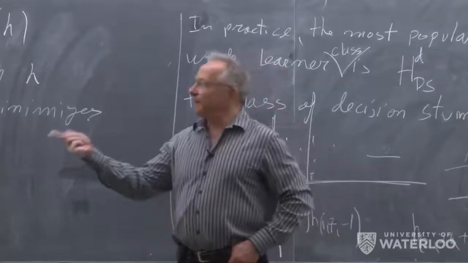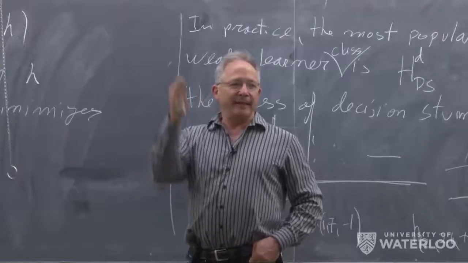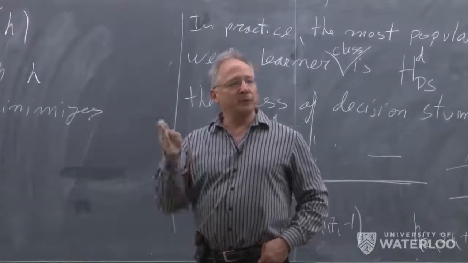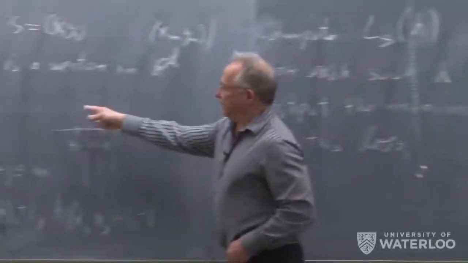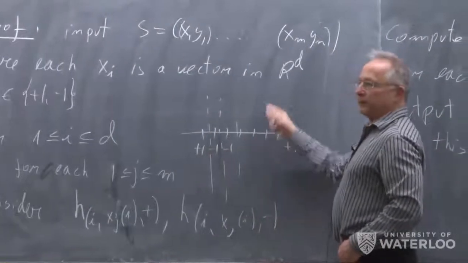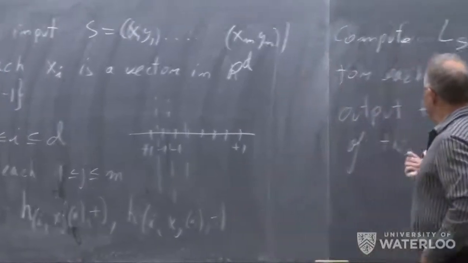So what I'm saying, the implementation is very simple. I have D projections to consider. In every projection, I have to consider just cutting at the threshold determined by every point of my sample. So what is the complexity here?